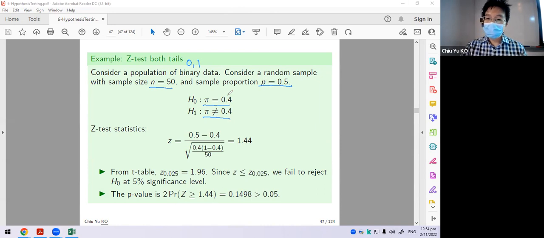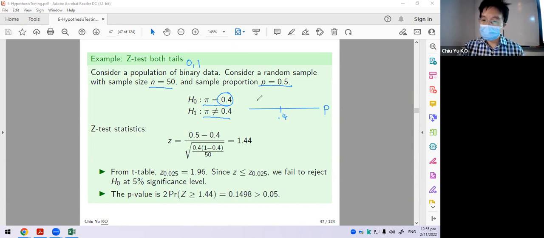The first thing you want to check is this. We will have a p-hat here, a random variable, and it's centered at 0.4 under the null.